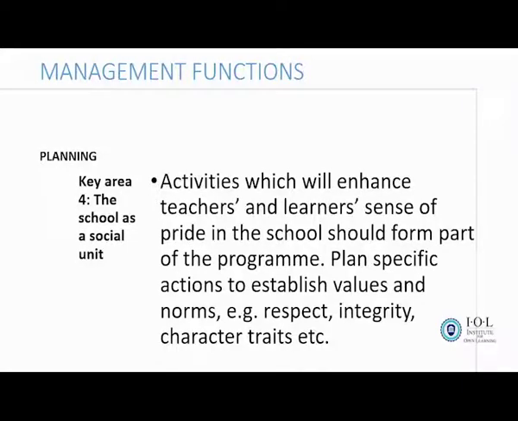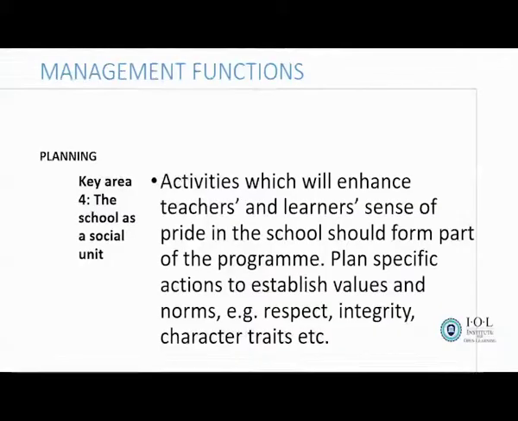You need to know which activities parents have interest in, and you must encapsulate this into a program that is well understood by the society, by the parent community, by the teaching community, and that needs a plan. So you need to plan specific action to establish values and norms like respect, integrity, character traits, and so on.